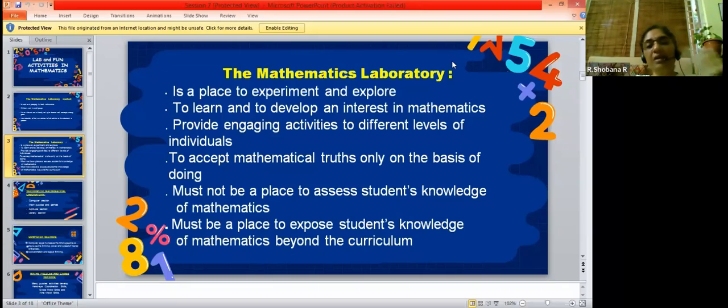When they see the work of other children in the mathematics laboratory, they learn from others' mistakes. If the other child does very well, then the child benefits from that also. And then they accept mathematical truths only on the basis of doing. So it is not only when the teacher says the cube has all sides equal.